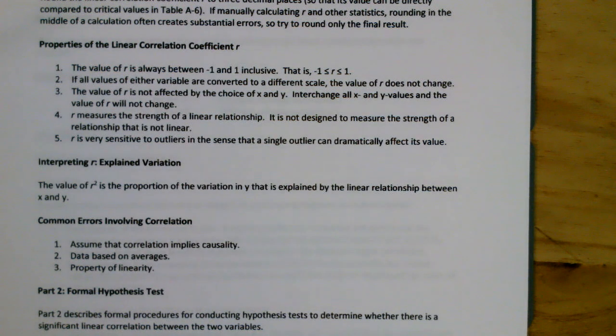Number two, if all the values of either variable are converted to a different scale, the value of R does not change. Number three, the value of R is not affected by the choice of X and Y. Interchange all X and Y values and the value of R will not change.